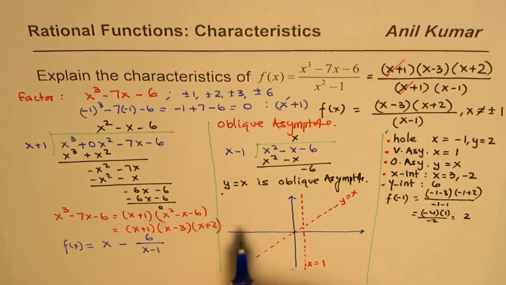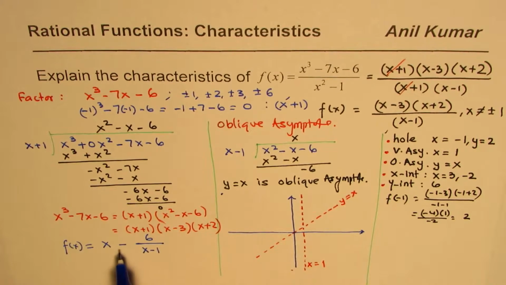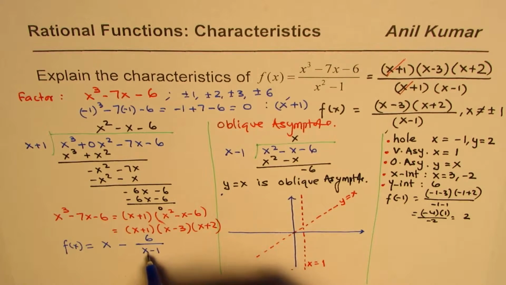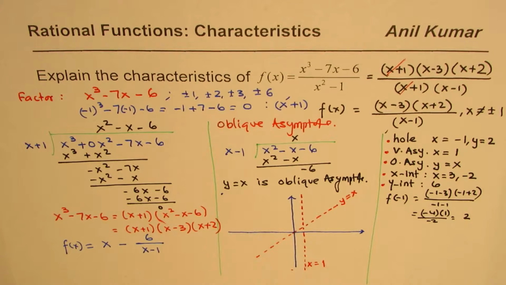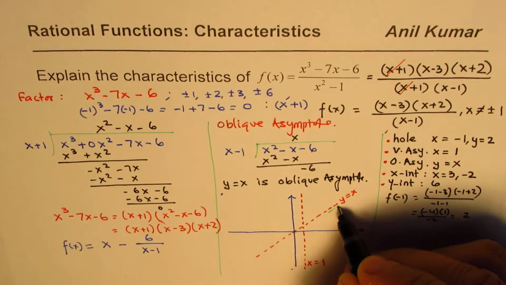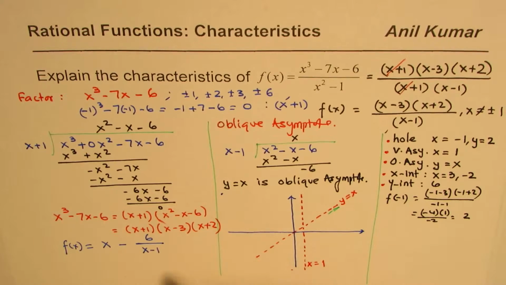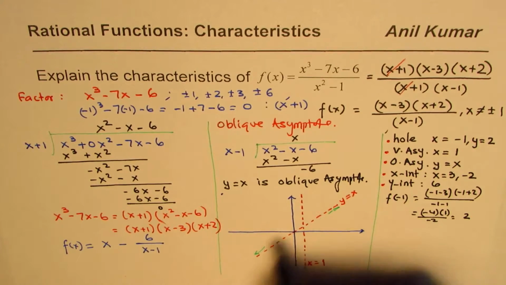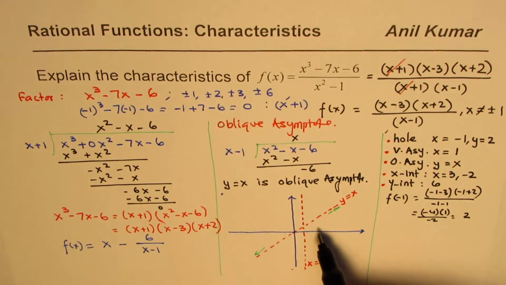That is also a form of writing this equation. Since it is minus 6, if x is very large and positive, we are approaching the asymptote from underneath. But if x is a large negative value, this becomes positive, and we are approaching kind of like this. So that's the end behavior for this particular asymptote.